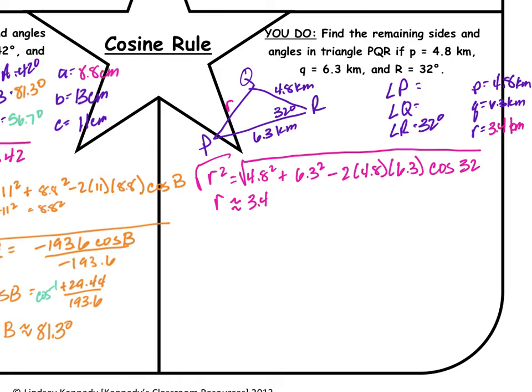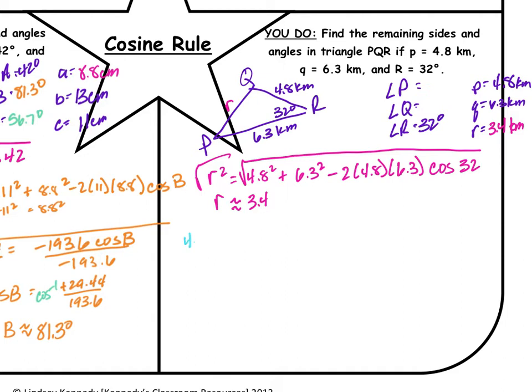So I just need to find one angle, because once you have 2 of the 3 angles, you can subtract from 180, right? So which angle should we find? P or Q? Let's find P. So I'm going to start with side P on my left-hand side.